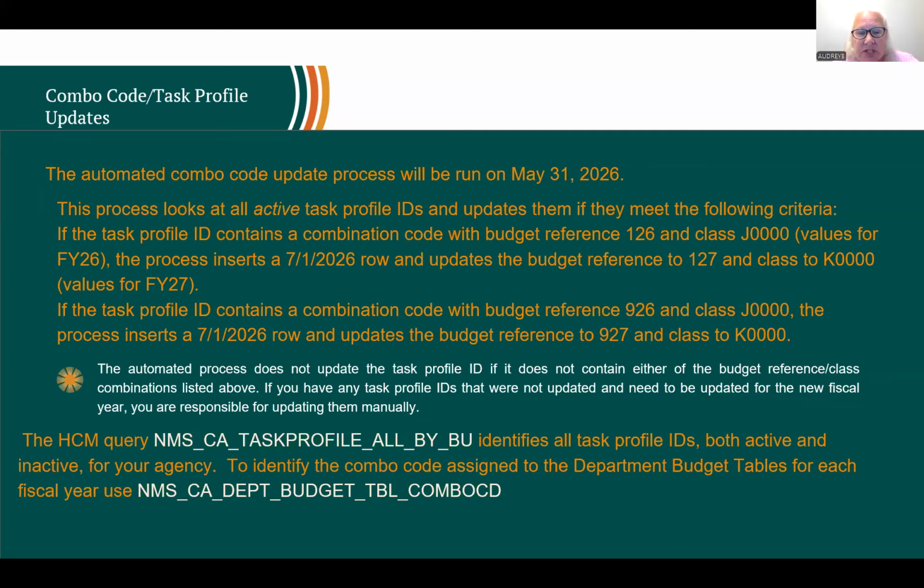While the SHARE team will handle most of this for you automatically, the agencies are responsible to make sure that these have been updated by 7/1, or they will have to address them in their budget journals and potentially cause a lot of delays in posting payroll to your financials. So keep this in mind.